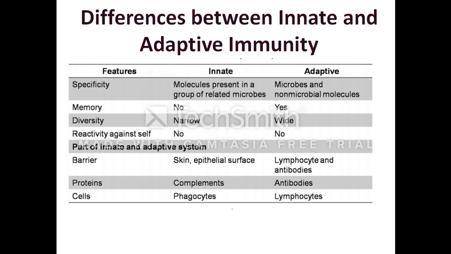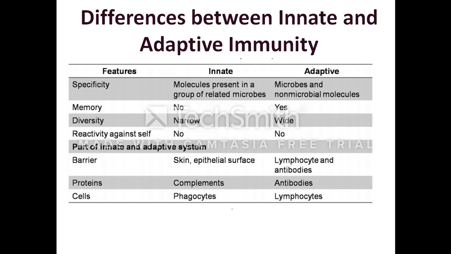In the adaptive immune response, the acquired immunity will be activated by microorganisms, and it can differentiate very subtle differences between the microorganisms. It will discriminate each and every microorganism, and also it is activated by non-microbial molecules.